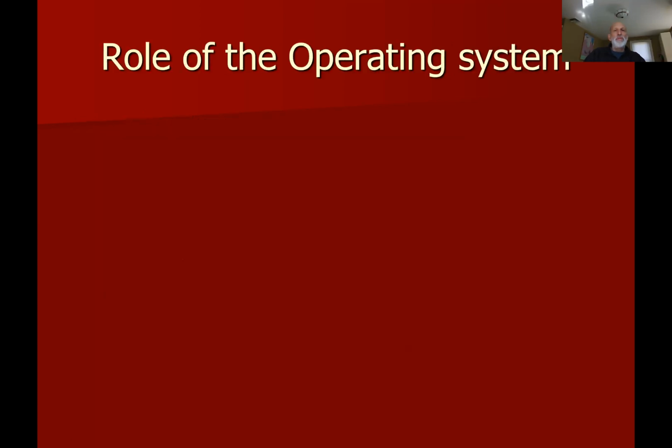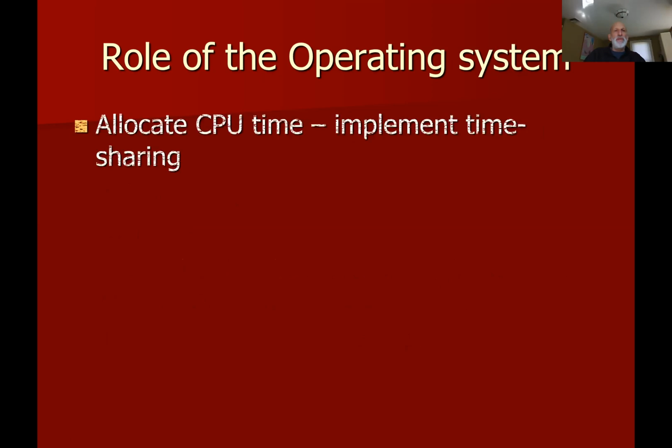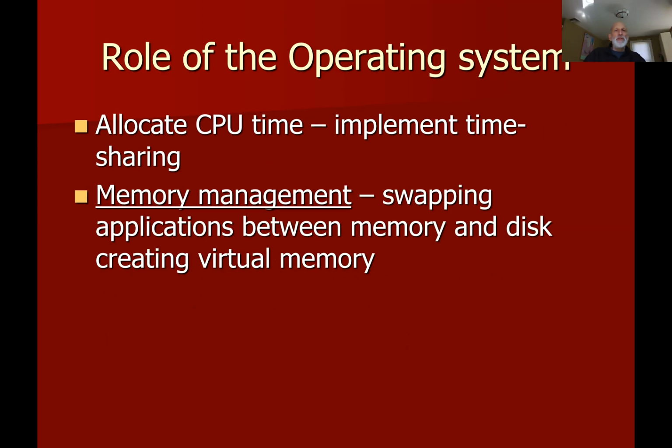Okay, so to review, these are the important things you need to know. How does a server allocate CPU time? Through a time sharing system. What about memory? Memory is managed through swapping applications between memory and disk, and that is known as creating virtual memory.